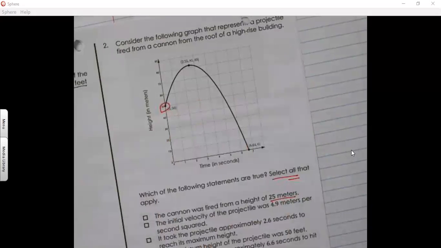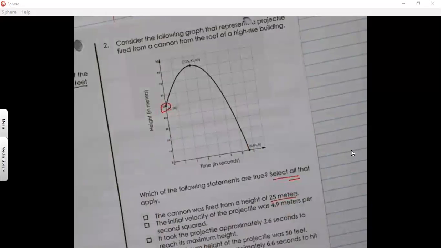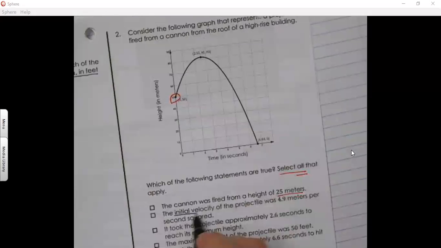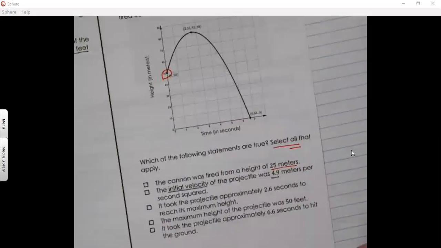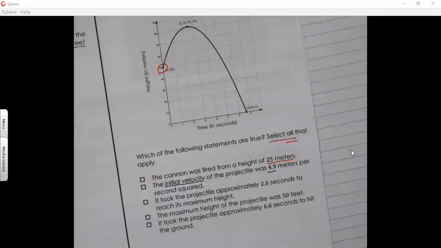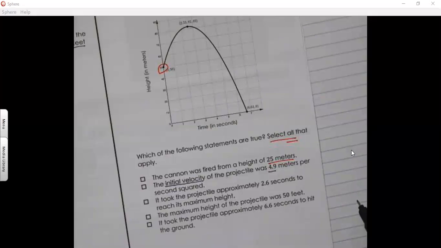Next, the initial velocity of the projectile was 4.9 meters per second squared. Can we see velocity from the graph? Can we tell what the velocity is? No. Doesn't 4.9 tell us about the gravity, not velocity?